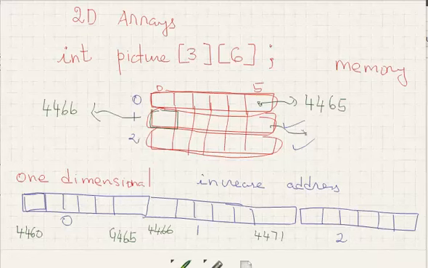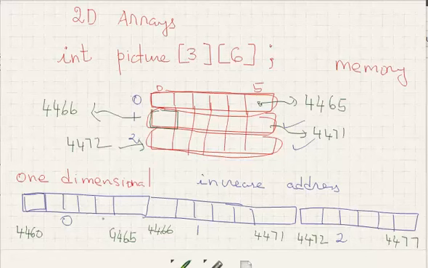So the next address is 4472. Then 73, 74, 75, 76, 77, 4477.